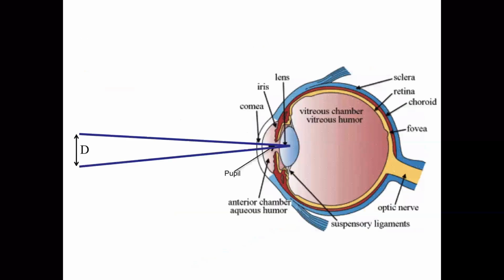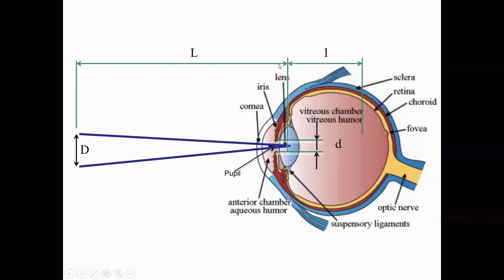So now we go to the other aspects of the optics. It's a little bit more difficult. For instance, we have the object that has the dimension D, for instance, a circle with a diameter D. And this is the diameter of our iris diaphragm, d small. This is the distance of vision, L, and this is the distance from the lens to the retina layer.